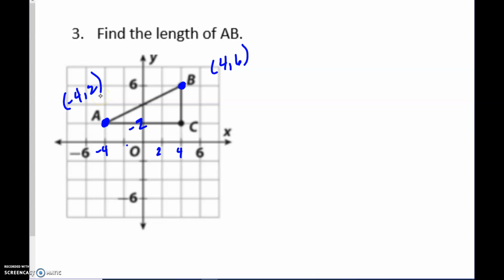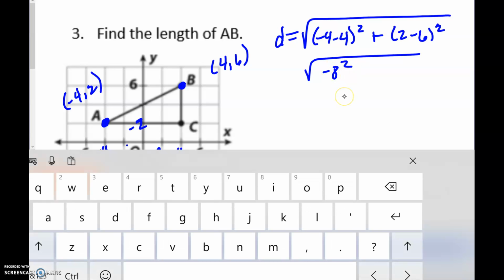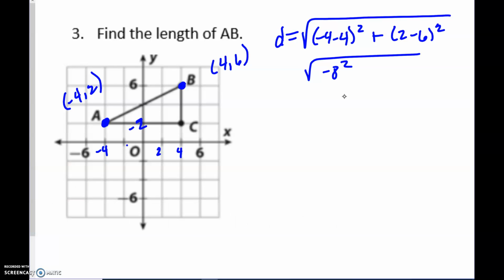So we could do the distance formula. Negative 4 minus 4 quantity squared plus 2 minus 6 quantity squared. Negative 4 minus 4 is a negative 8 squared. Now be careful: if you put in negative 8 squared, the answer is going to say negative 64, but this is not negative 64.